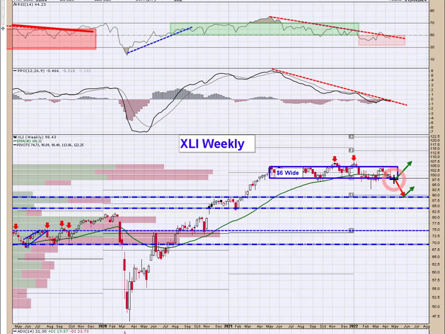You break that going forward, notice the big void in the chart here. I think you can go from 98, 97 and a half down here to 90, where you've got a large volume over price bar, and that aligns really, really well with the measured move expectation.